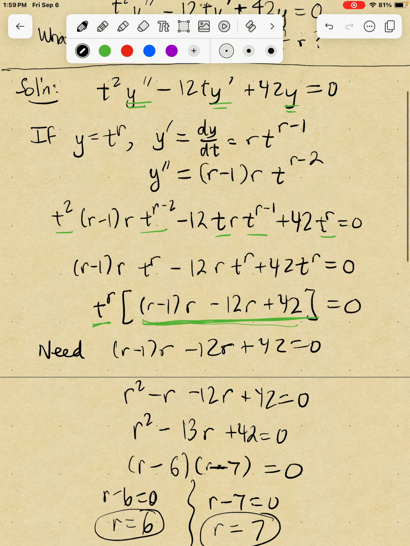Actually, technically speaking, we should check that these work, that t to the 6 and t to the 7 for your values of y are going to work, right? So y is going to be t to the 6, y equals t to the 7. You can check that, when you substitute it in, it's going to work.